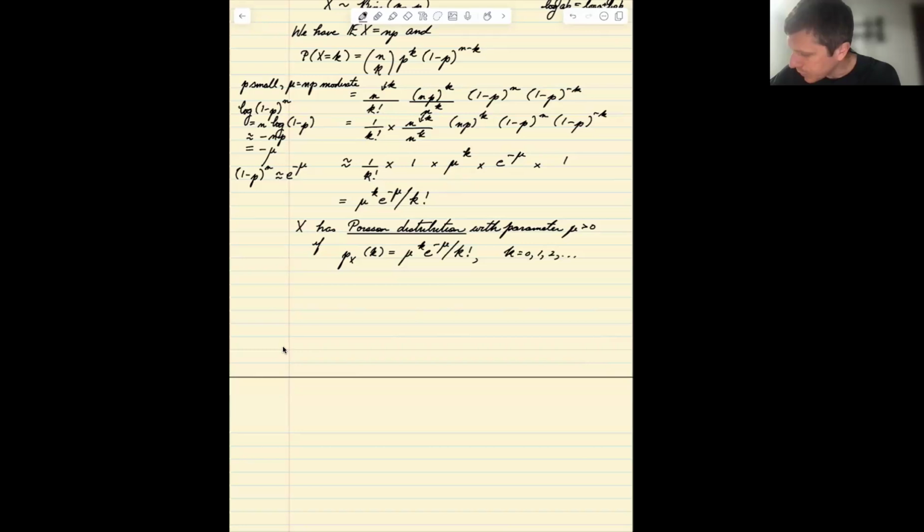And in this case, we write X is distributed as Poi(mu).